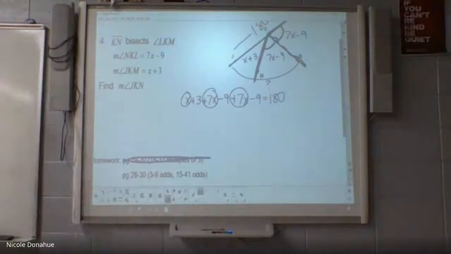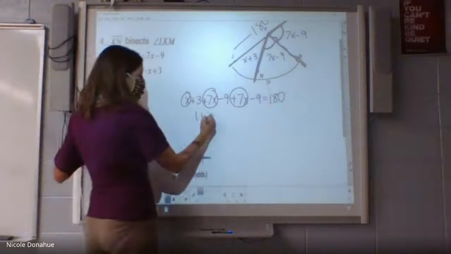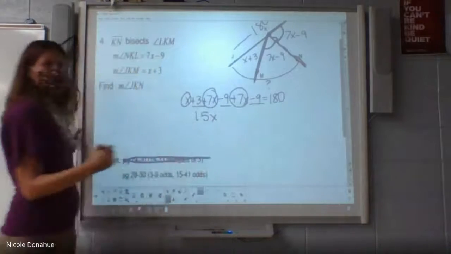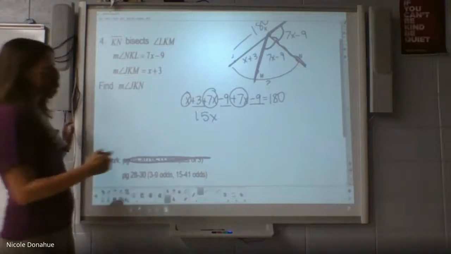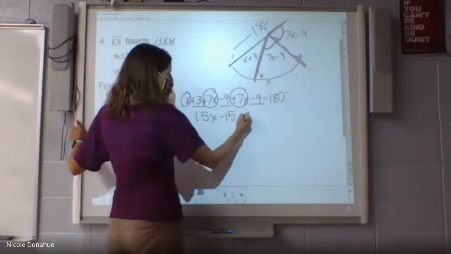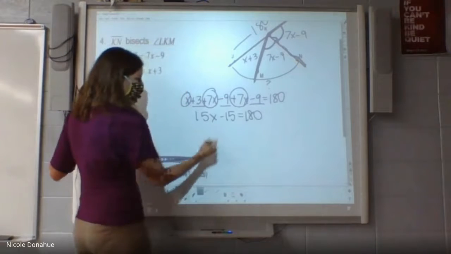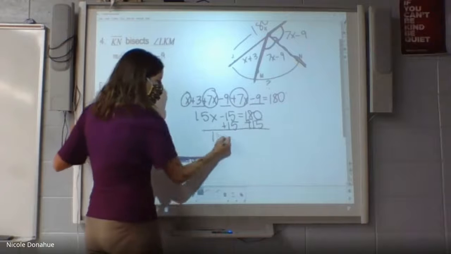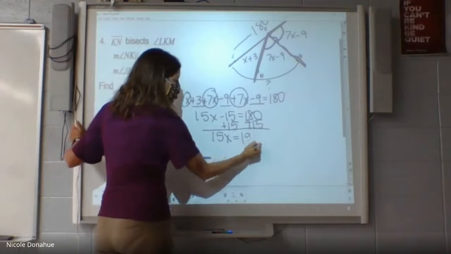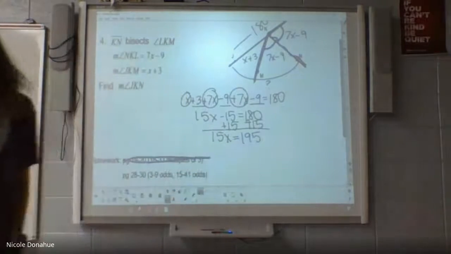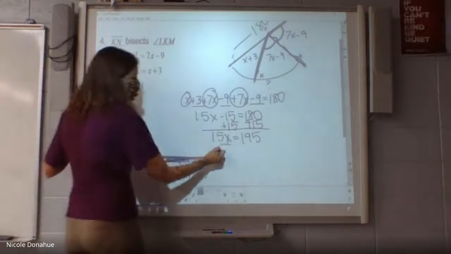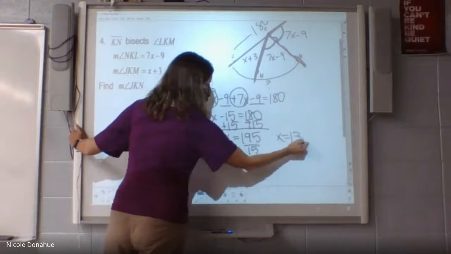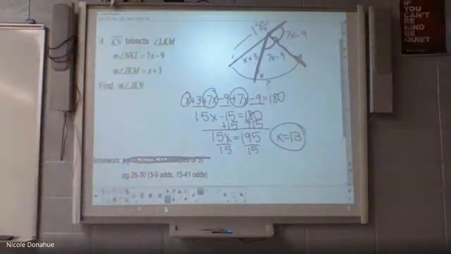So 7x, and x is going to be 15x. 3, minus 9, minus 9 is going to be minus 15. Does that sound right? So we find out x is 13, I believe.